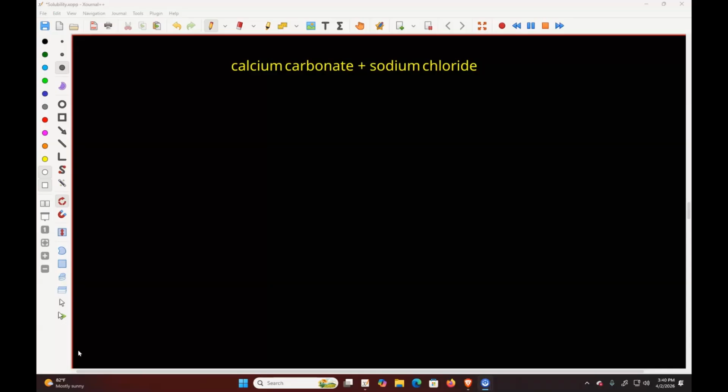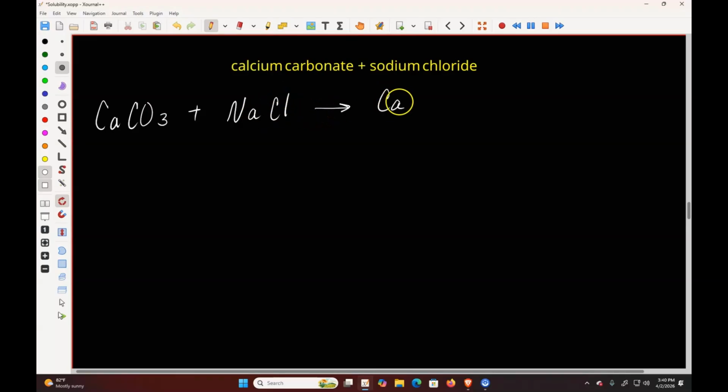In the next reaction, we have calcium carbonate and sodium chloride, which produce calcium chloride and sodium carbonate.